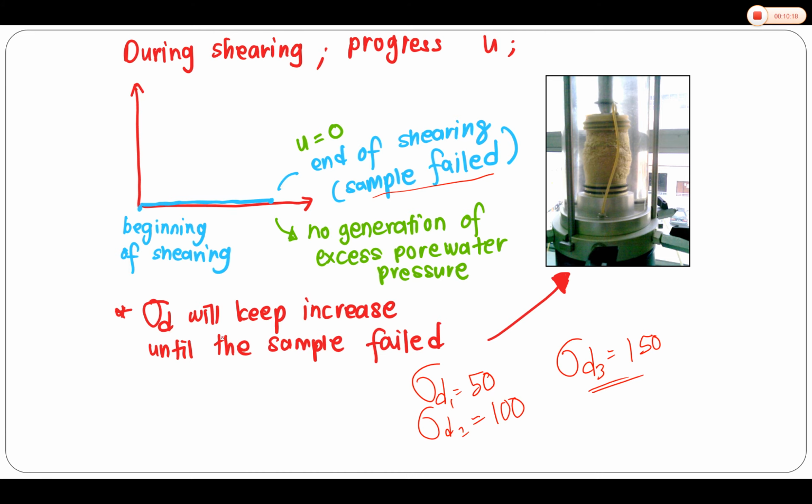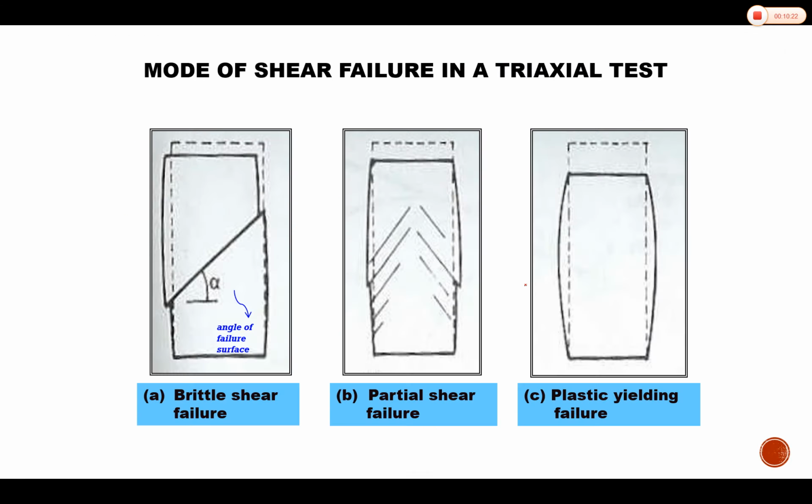So sigma D will keep increasing until the sample fails. Alright, these are the 3 types of shear failure in the triaxial test: brittle shear failure, partial shear failure, and plastic yielding failure.